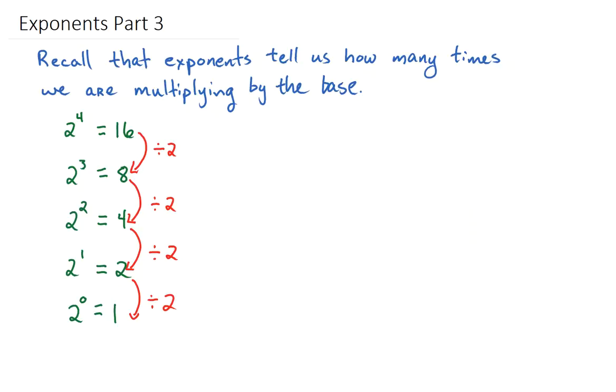Alright, let's continue on. Why stop at 0? So let's dive down into negatives for our exponents. So 2 to the negative 1, 2 to the negative 2, 2 to the negative 3, 2 to the negative 4, and so on. So to continue the pattern, we're kind of jumping to a new column here, but basically we're going to take this 1 and we're going to divide it by 2.